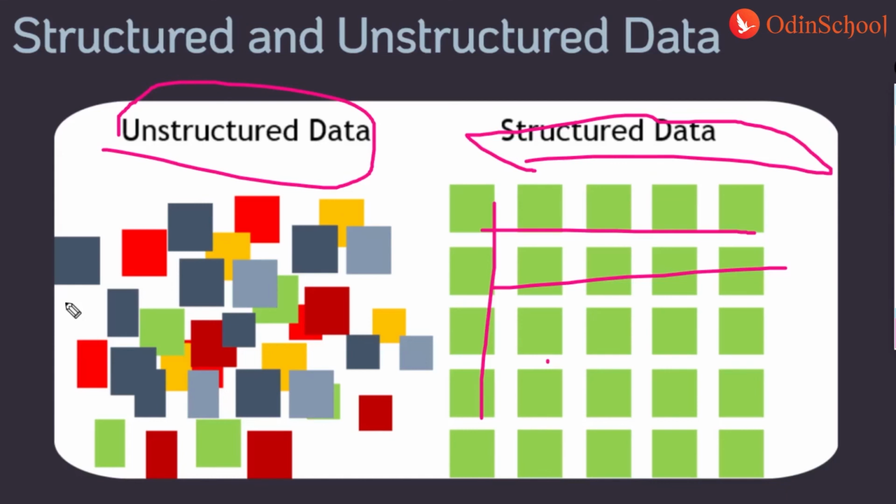For example, your system information plays a very major role. It is completely unstructured, but it gives you huge information about how your system is, and what you should take up or improve to improve the performance of your mobile. That is all about structured and unstructured data.